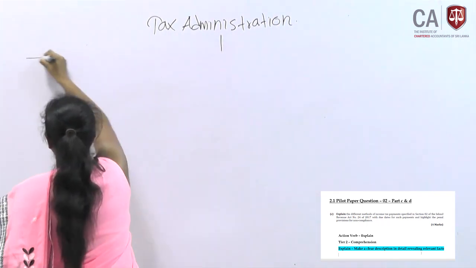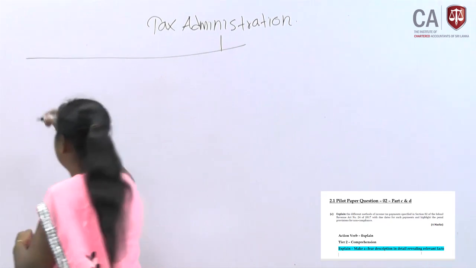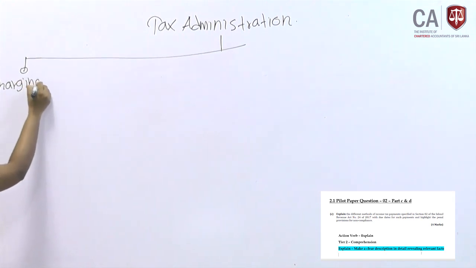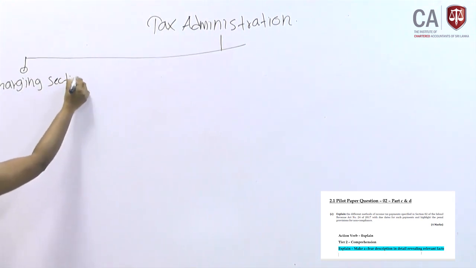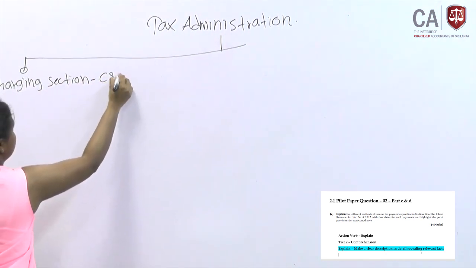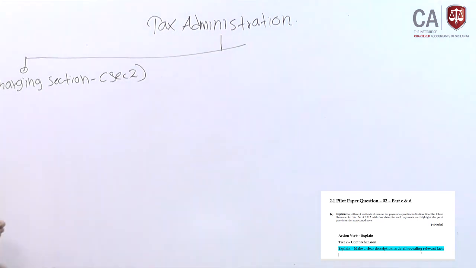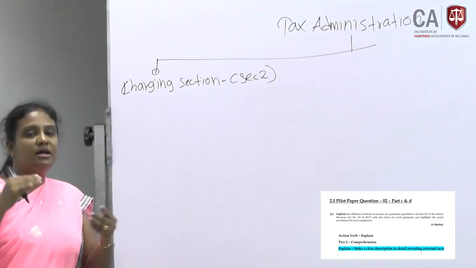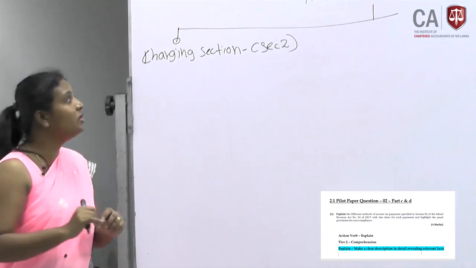In the tax administration, the first thing is the charging section, section 2. You should be a person who is liable, who has taxable income and who is chargeable with final withholding payments.